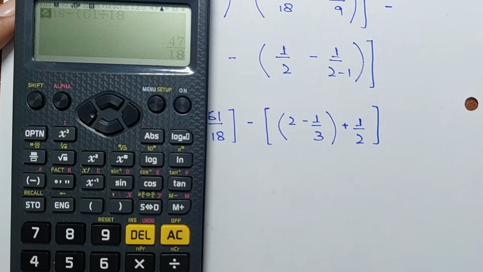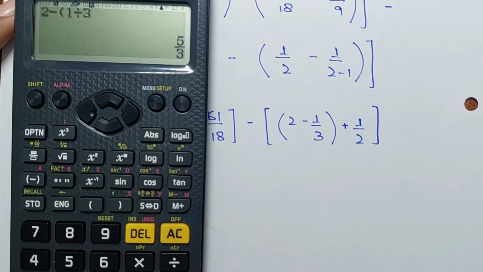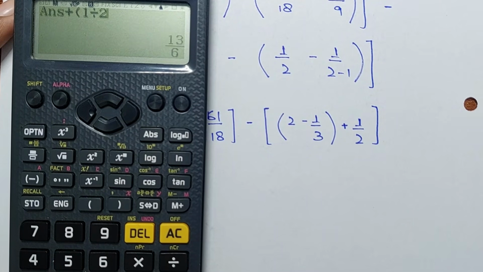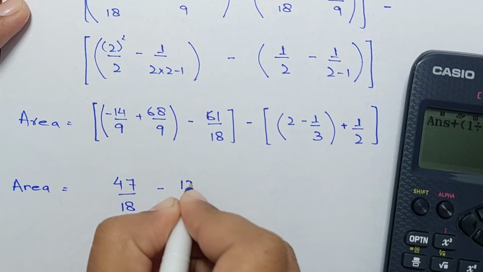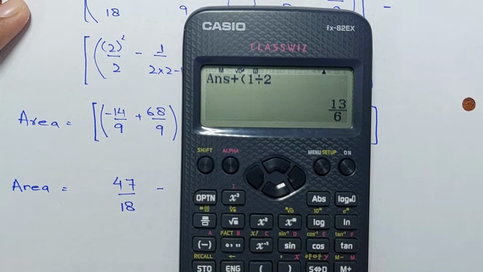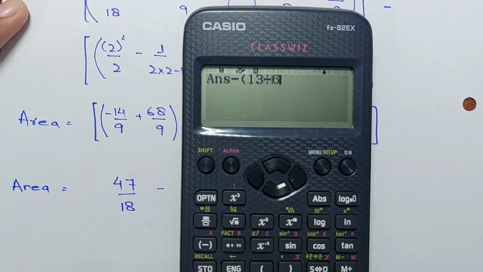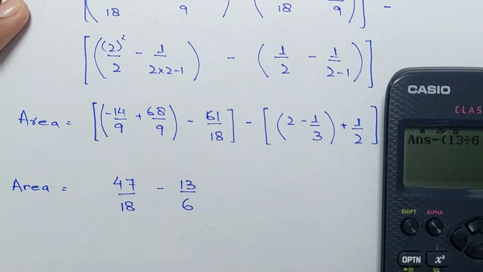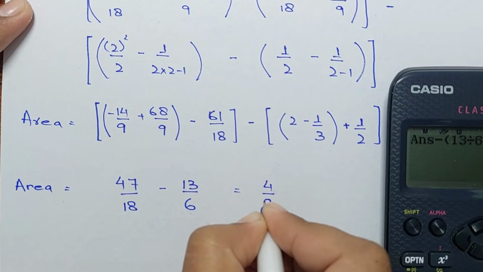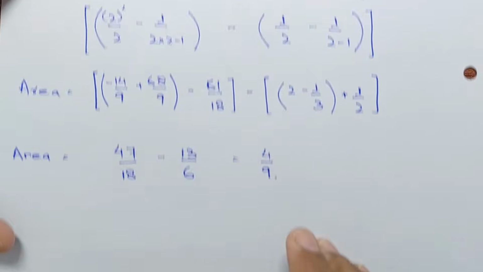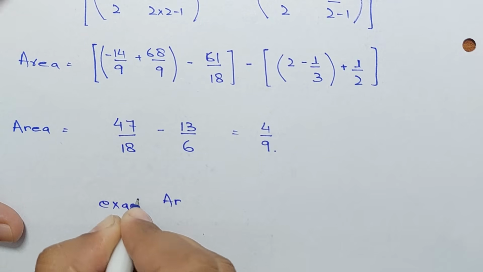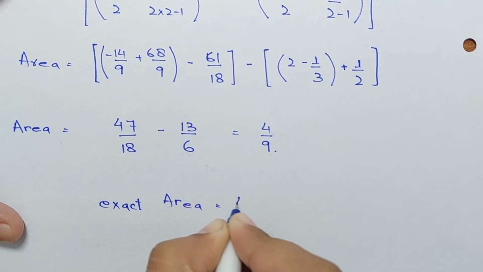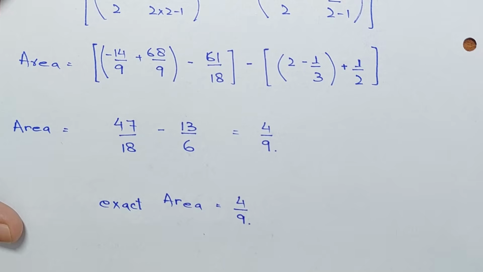Okay, now 2 minus 1 over 3 and plus 1 by 2 is 13 over 6 with a negative sign. 47 over 18 subtract 13 divided by 6 is 4 by 9. This is the exact area of the shaded region. 4 by 9 square units.